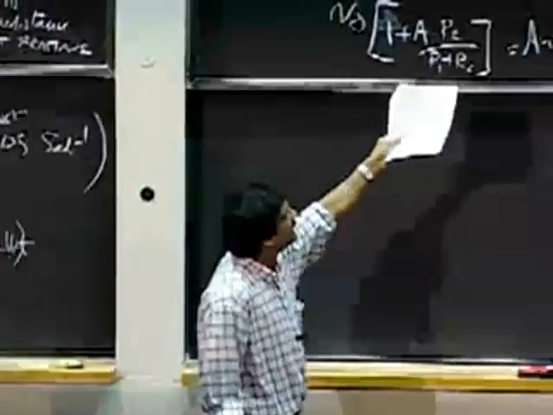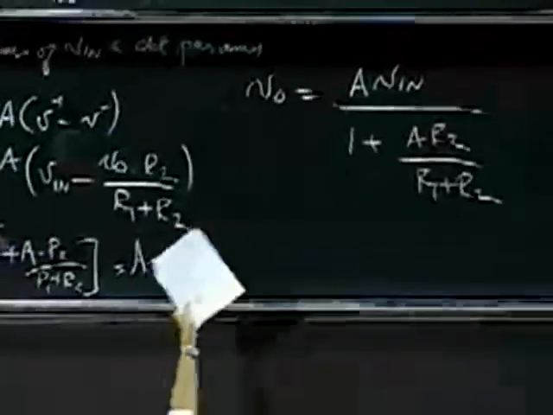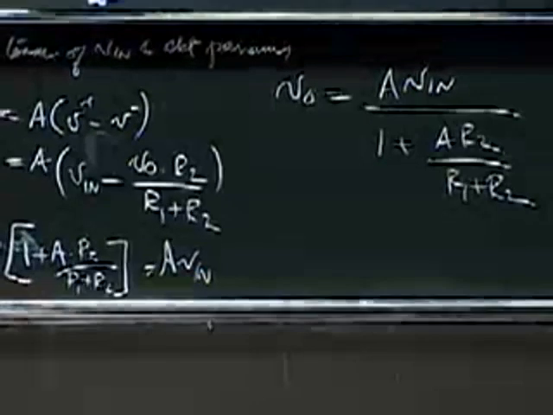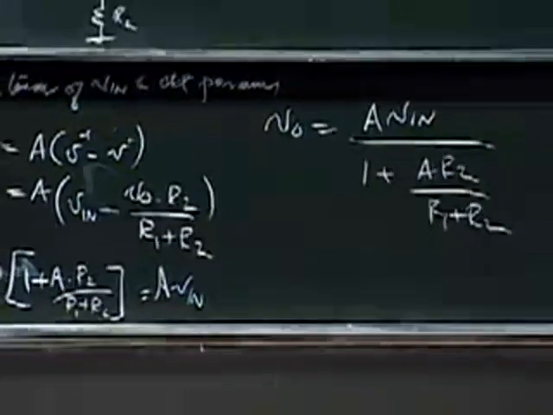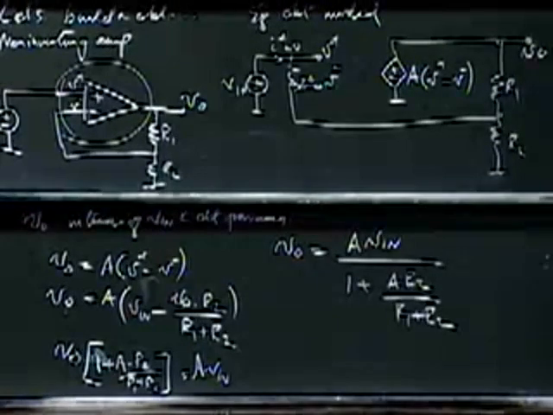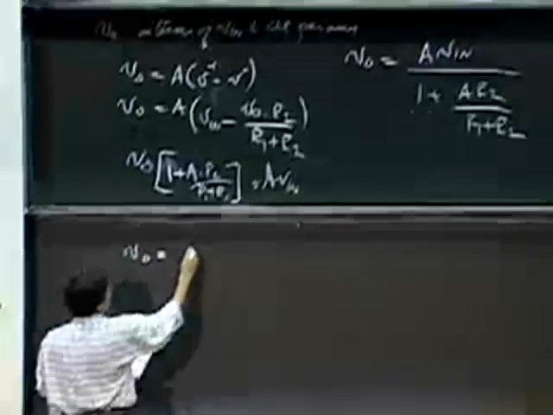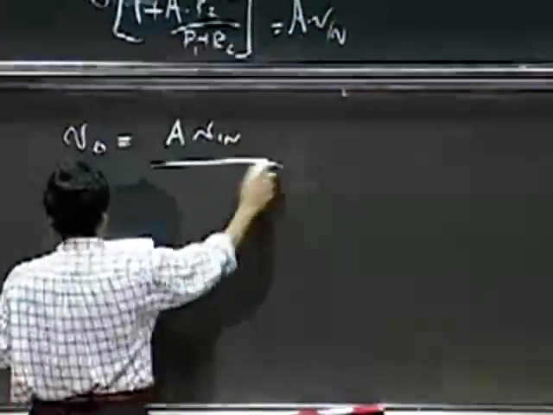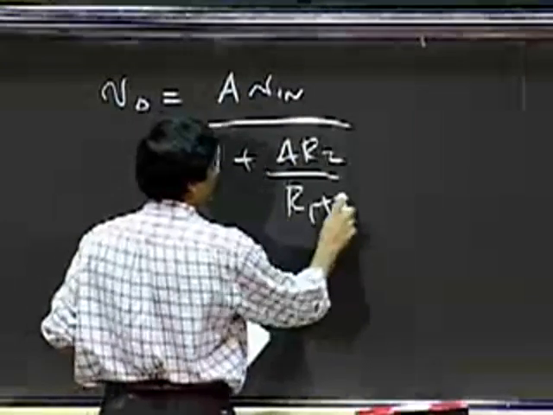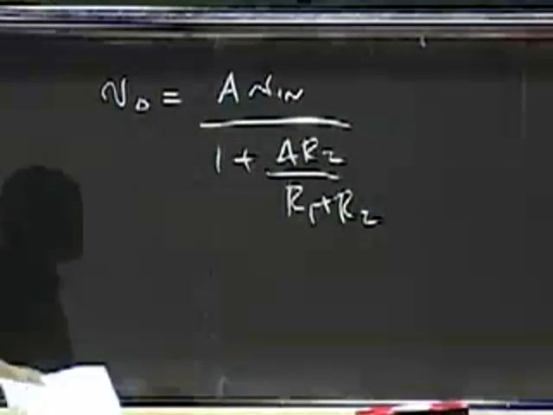But notice here that I'm told that A is extremely large. A is on the order of 10 to the 6 and so on. And suppose it is the case that, let me write that down again. So V naught is A V in over 1 plus A R2 over R1 plus R2.